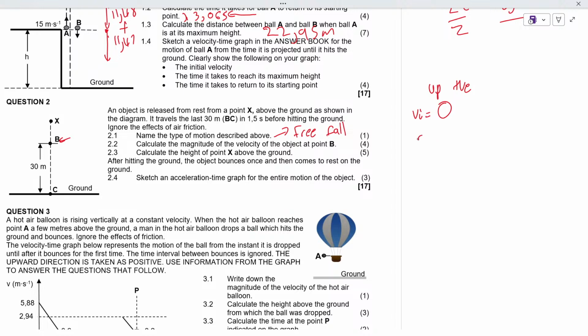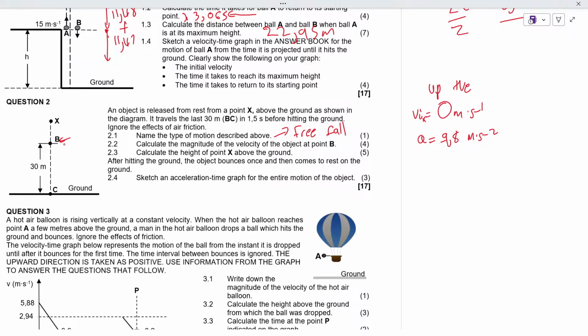The initial velocity at X is 0, and the acceleration is negative 9.8 meters per second squared. Another thing we are given is that it travels the last 30 meters BC in 1.5 seconds.